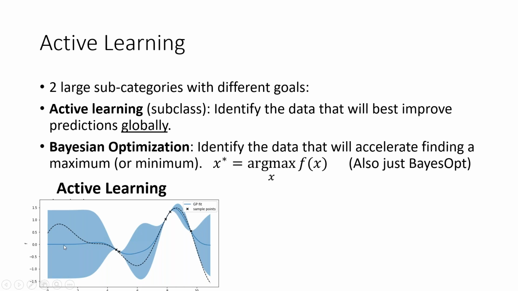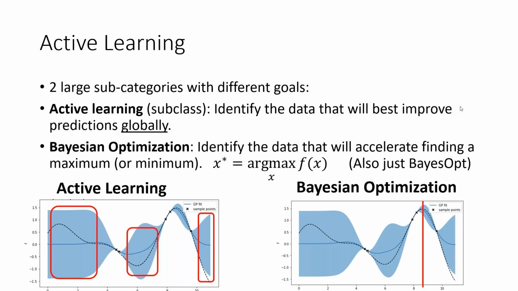The GP has an estimate that the underlying function, the mean function, is this blue line, and it has uncertainty bounds indicated by the light blue regions. We have regions of uncertainty indicated by large blue regions and regions of low uncertainty close to our data points. So if we want to get maximal knowledge over this space, there are certain regions where we might want to query. So we might want data here where we have large uncertainty, here or here.